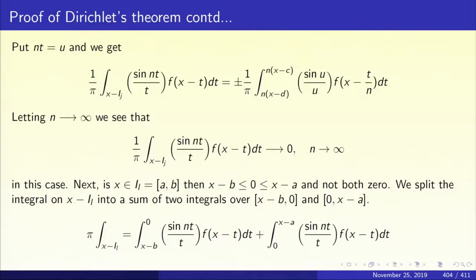I just multiplied the whole thing by pi to avoid these fractions. Pi times the integral over x minus IL turns out to be the integral from x minus b to 0 of sin nt by t f of x minus t dt plus the integral from 0 to x minus a of sin nt by t f of x minus t dt. So now let us look at what happens to these integrals.